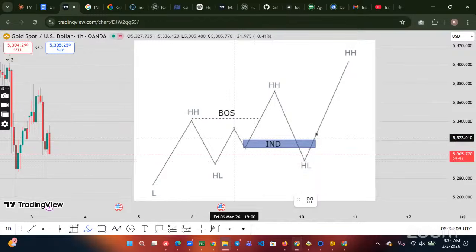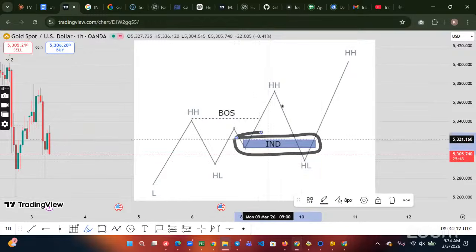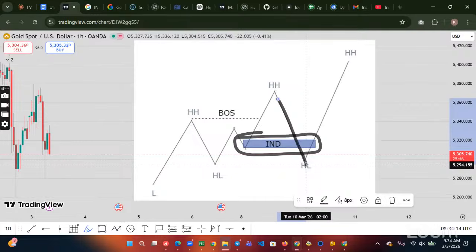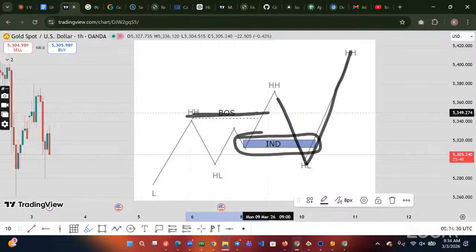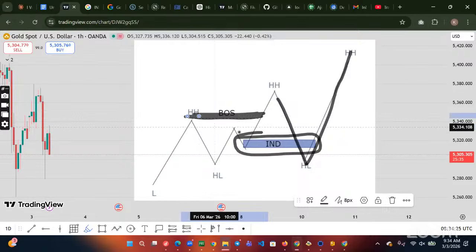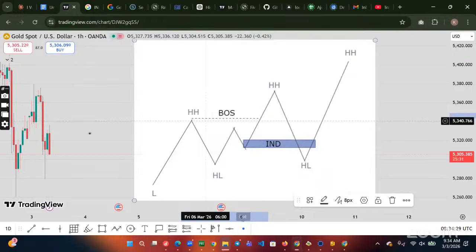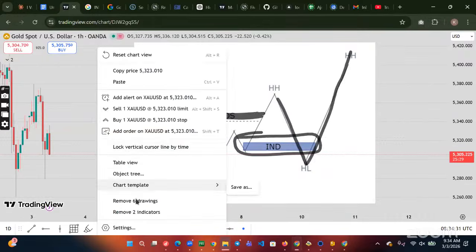So this is the level you expect the market should respect. What happened? Market took you out, hit your stop loss, and then went in your direction. So, and please note, this is a what? Break of structure. I mean, why should it hurt you? Why? It's not fair. All right, so let's go because I need to start thinking of taking trades now.